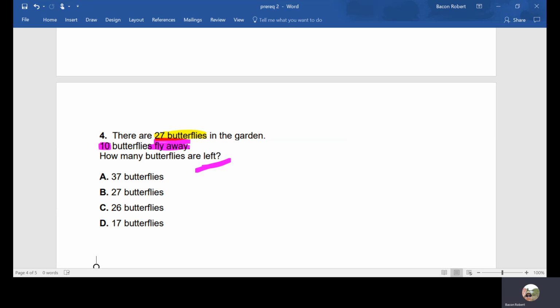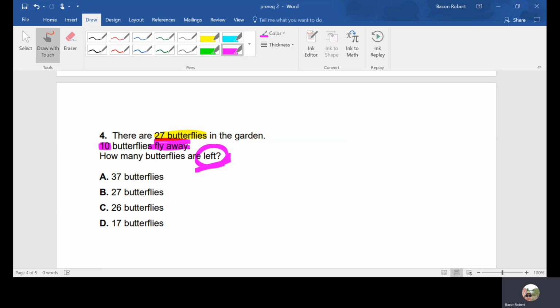How many are left? So that's why we know this is a subtraction problem. If you read a word problem about somebody having candy and then eating some, what's left? That's a subtraction problem. Or kids playing soccer and 5 had to go home. How many are left? These are all subtraction problems. That's why we've got to read them carefully.